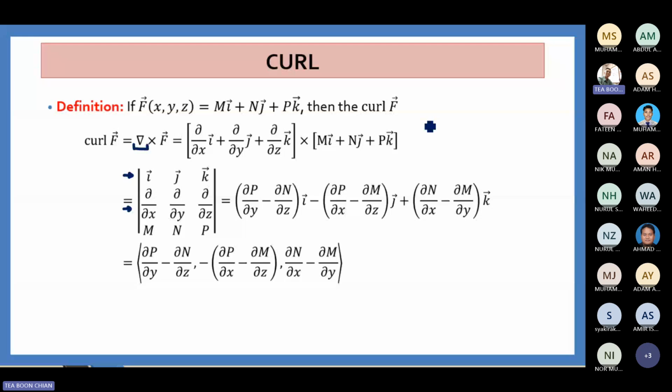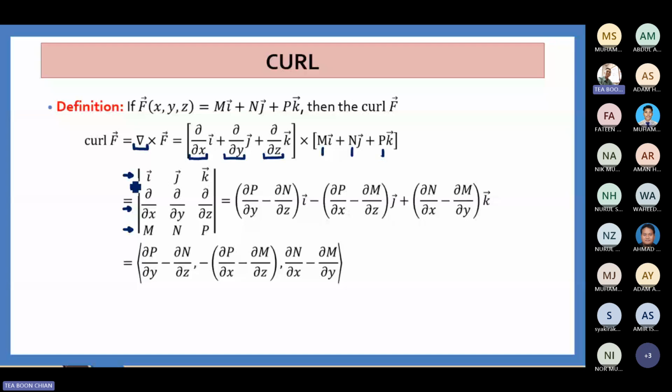Just to make sure you remember, del means differential with respect to x, differential with respect to y, differential with respect to z. That's why in the second row, you see the exact same notation. The last row is the components of vector f: m, n, and p.